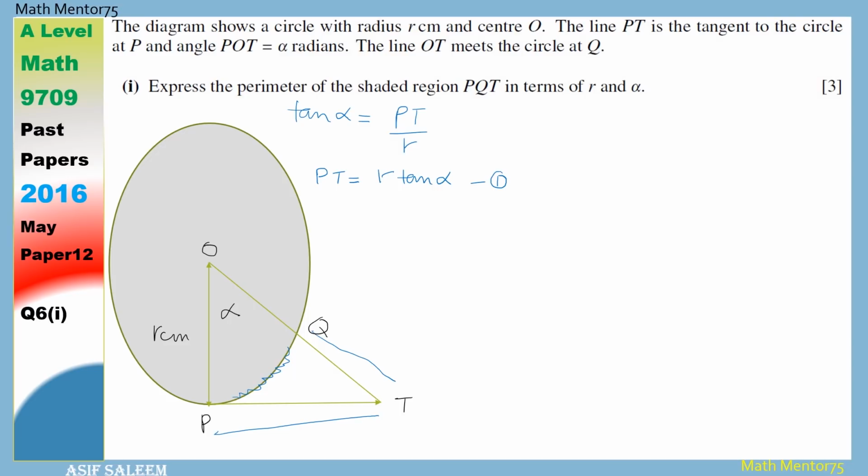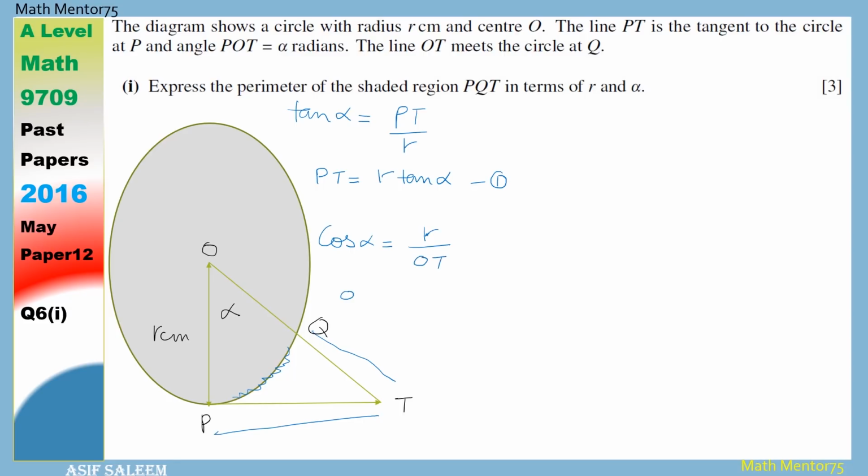Let's find out the other length, OT. Now this OT is the hypotenuse, and we have the angle, we have the side, so we will apply cos. Cos alpha equals base, which is R, over hypotenuse, which is OT.